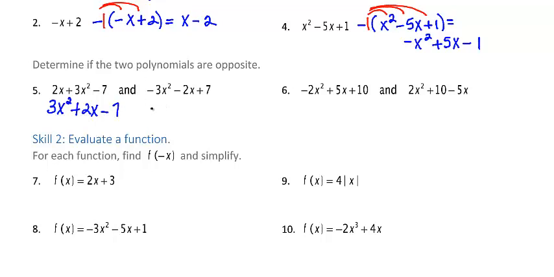And we're comparing that to negative 3x squared minus 2x plus 7. And we notice that the 3x squareds are opposite signs, the 2x have opposite signs, and the 7 has an opposite sign, and so these two polynomials are opposites.